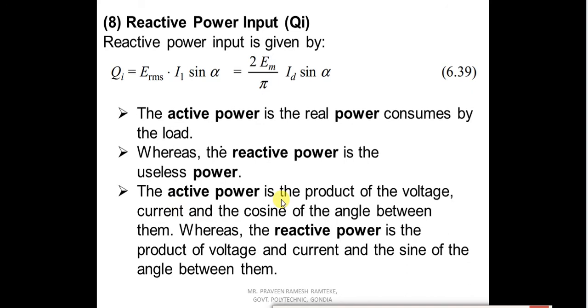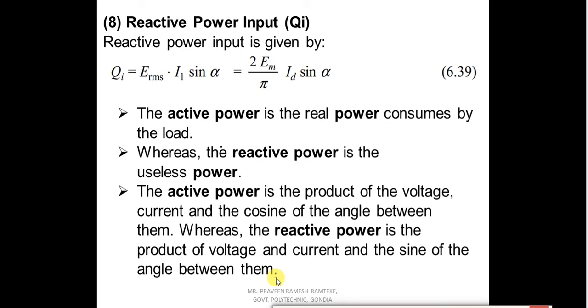The active power is the product of voltage, current, and the cosine of the angle between them, whereas the reactive power is the product of voltage, current, and the sine of the angle between them.